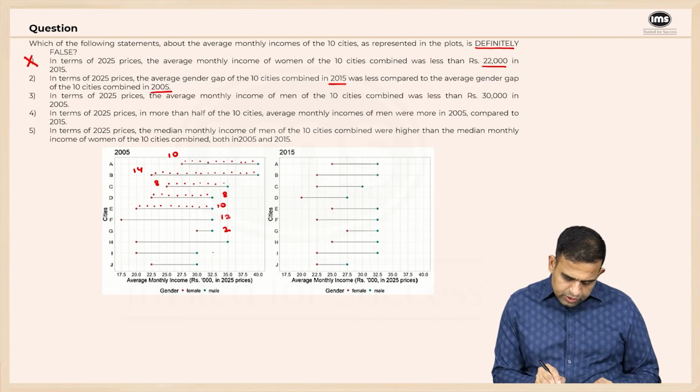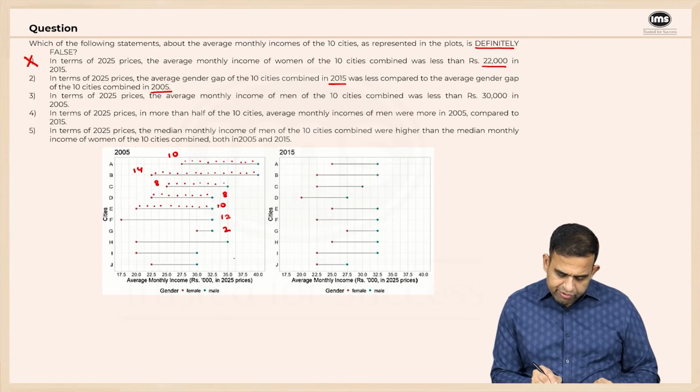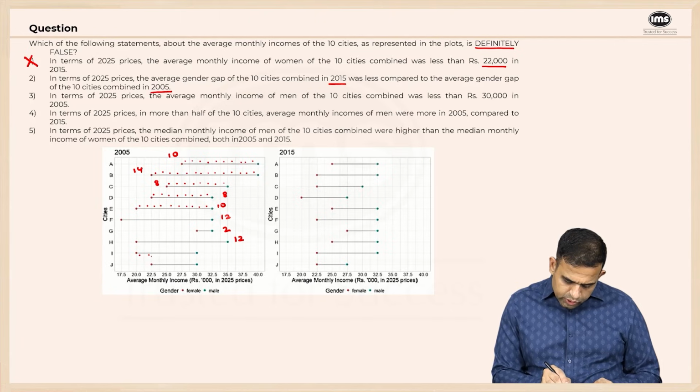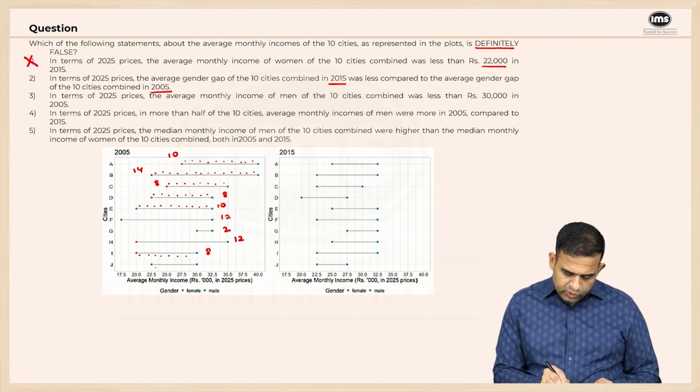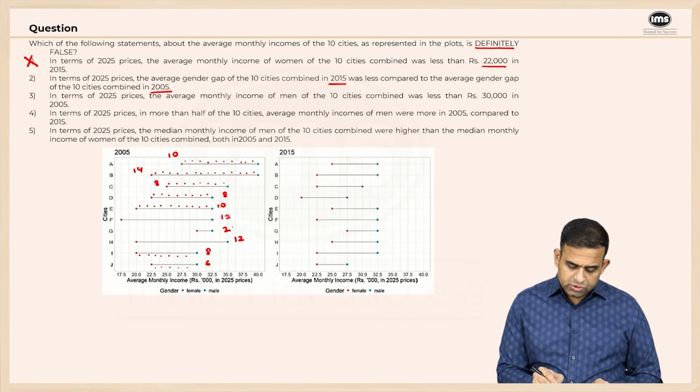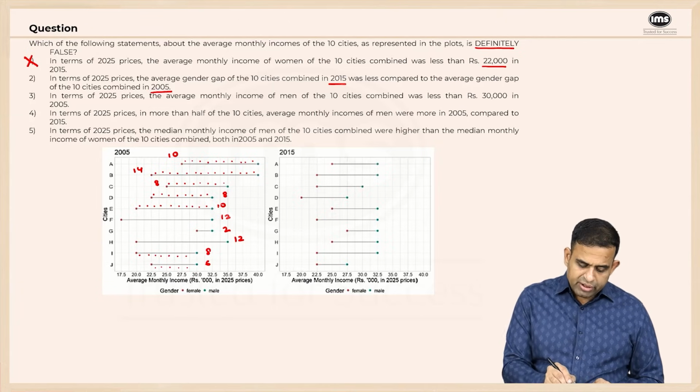This is 20 to 35, again 15, which would mean 12. This will be 8. For J, 6. So if you look at the total of 2005, 10 plus 14, 24 plus 8, 32, 40, 50, 62, 64, 76. 76 plus 14 will become 90.